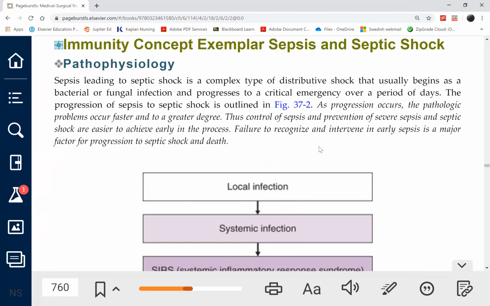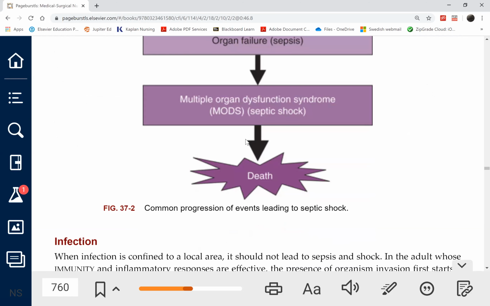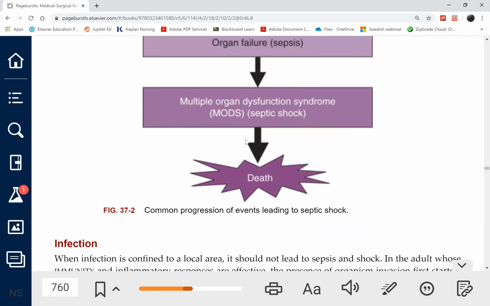Of course, most infections start as local, right? Are we recording? Yes, we're recording. All right, so this figure here tells you the progression of sepsis to septic shock.